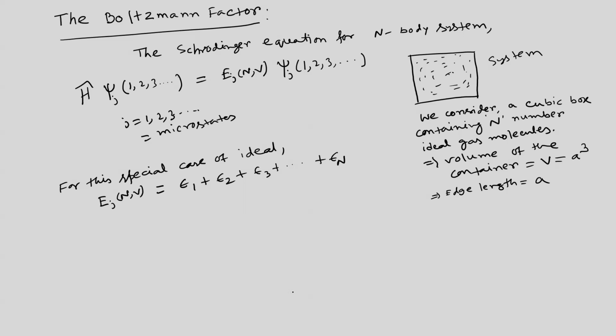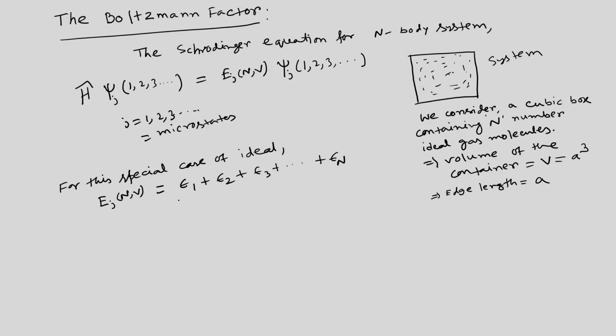If you go back and check, H psi j equals Ej psi j, and this psi j, the 1 to 3 in the bracket, represent the coordinate of particle 1, coordinate of particle 2, coordinate of particle 3, etc. Now Ej is like this. H psi j equals Ej psi j is our equation 1, and this is our equation 2.